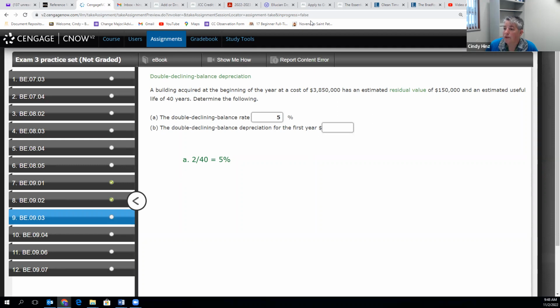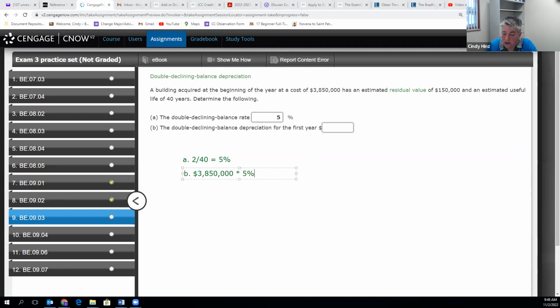For the first year then, as you see in Brightspace in the reference materials, the calculation starts with the carrying value rather than the depreciable cost. We don't subtract that residual value.